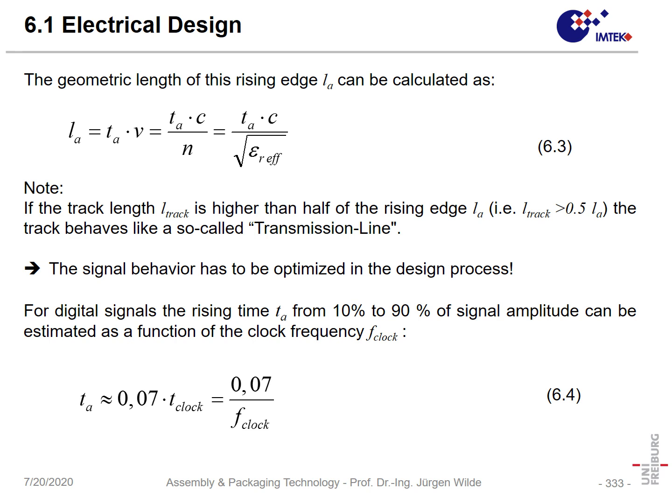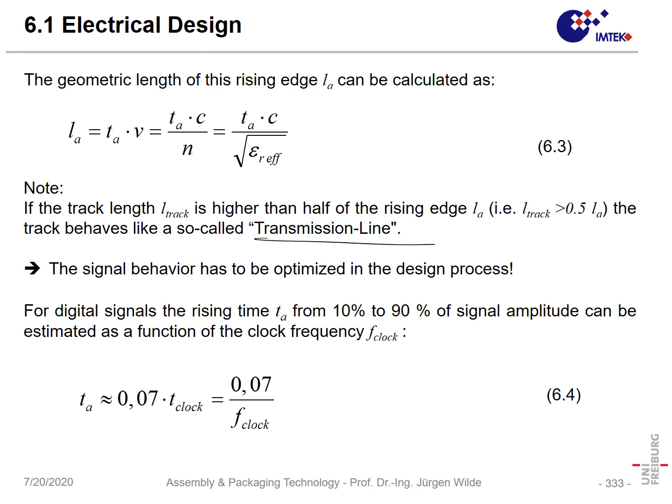And that says when the length of the track is longer than half of the leading edge length of a signal, then the track behaves as a so-called transmission line. That means in that case, the line length is relatively long compared to the rising edge, and the signal behavior must be optimized.